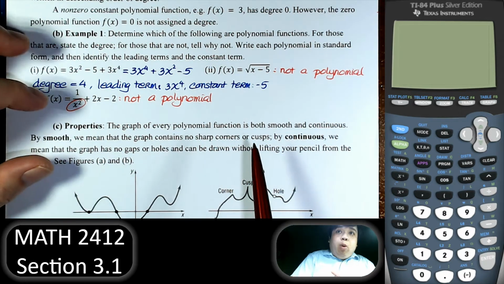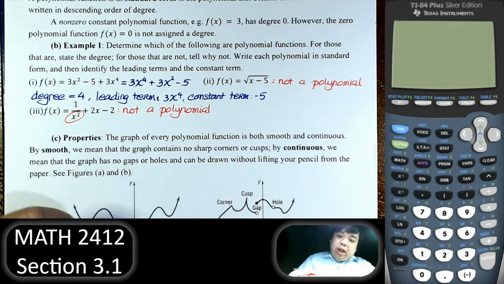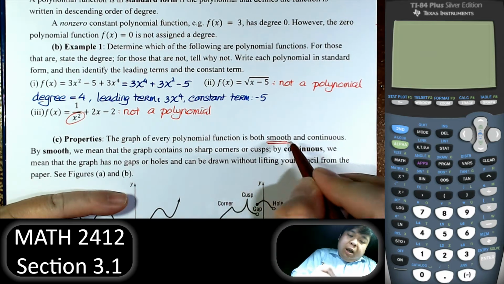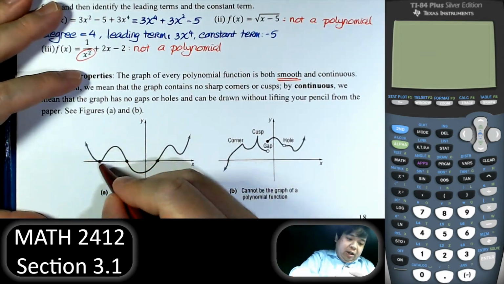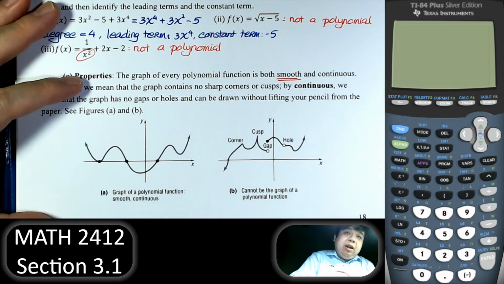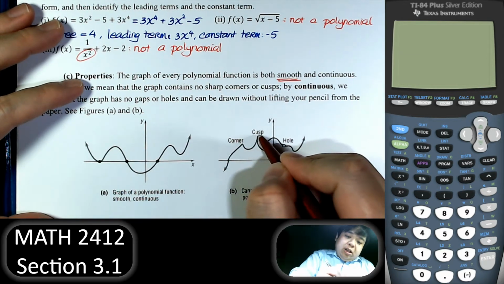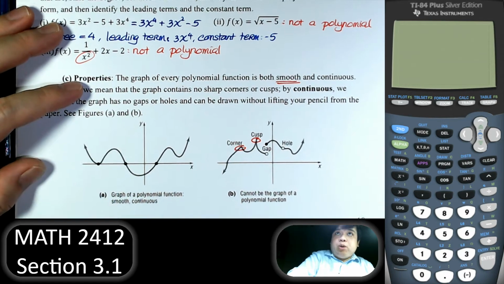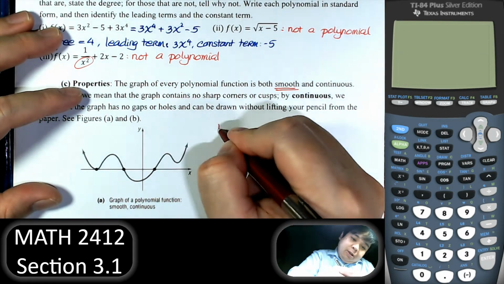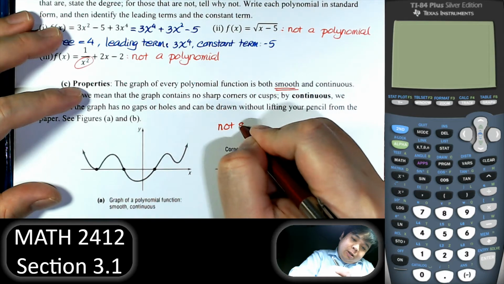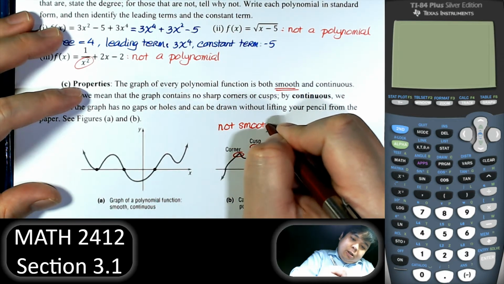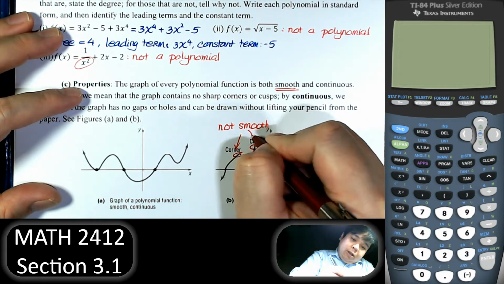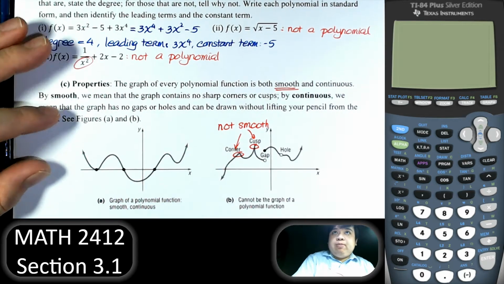The graph of a polynomial function is both smooth and continuous. By smooth, we mean like this, meaning there's no sharp turn. So this is not smooth, or there's a corner. This is also not smooth. So we cannot have any of this.